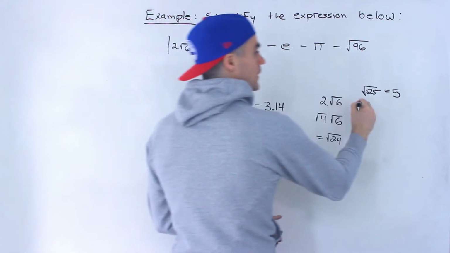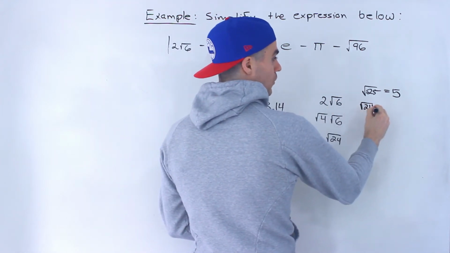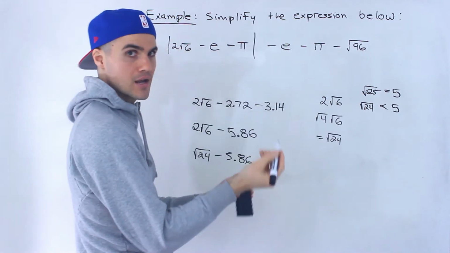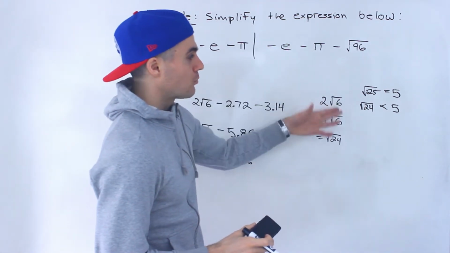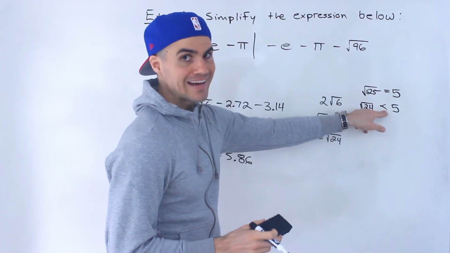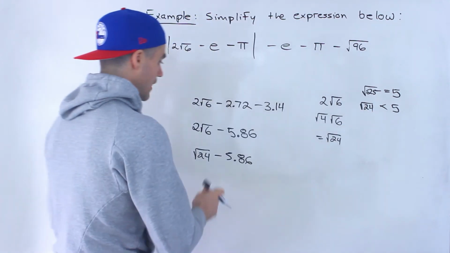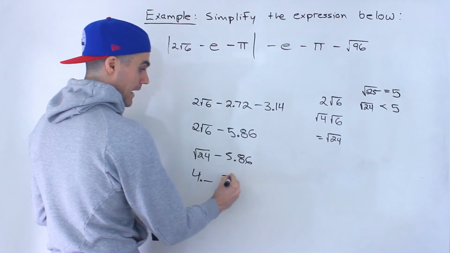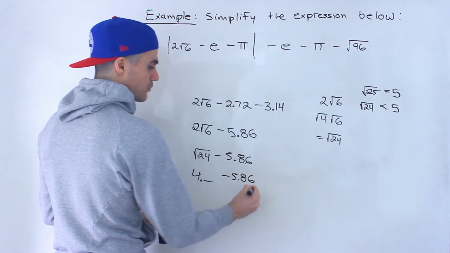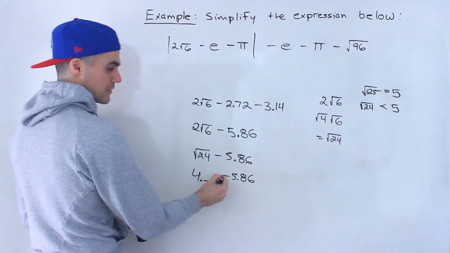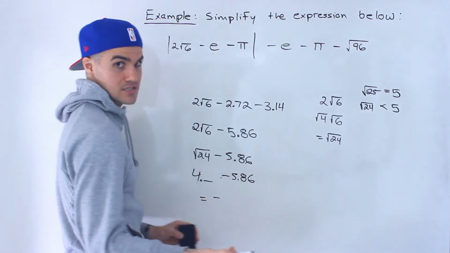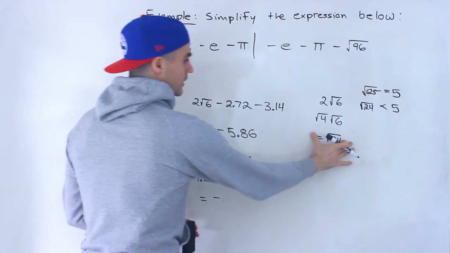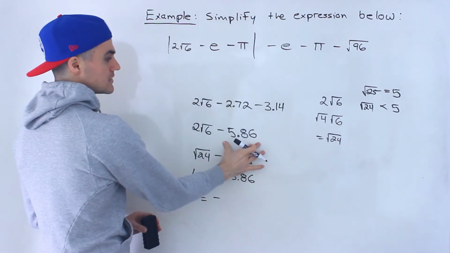So the square root of 24 is going to be less than 5. Whatever that number is, it's going to be 4 point something. We just know it's less than 5. So we'll have 4 point something minus approximately 5.86, and notice that's going to give us a negative value.